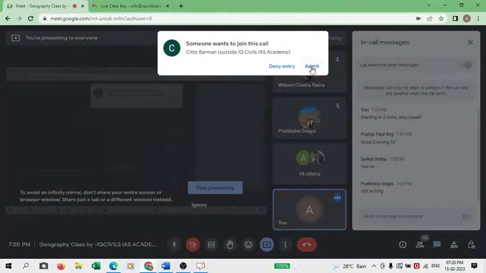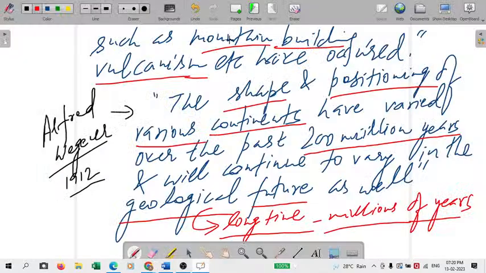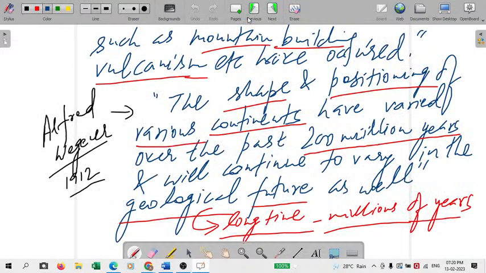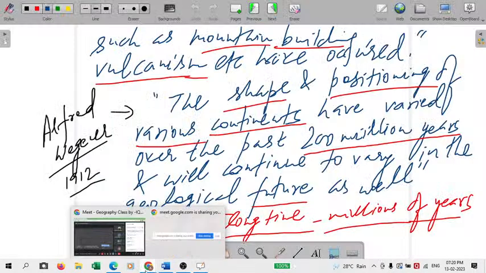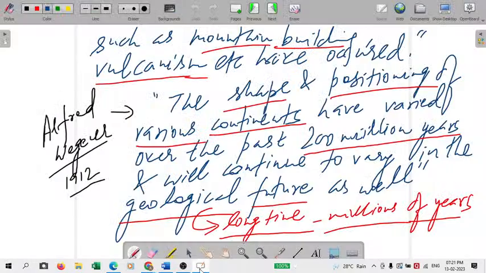Argument which was presented by Alfred Wegener. Sir, just go back to the previous page. Okay. Yes. No problem. Just note it well. Just read. Is it visible now?